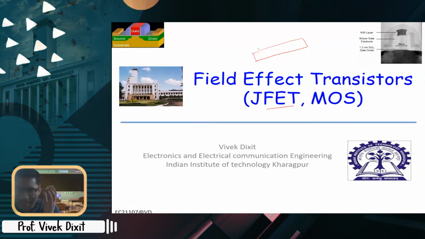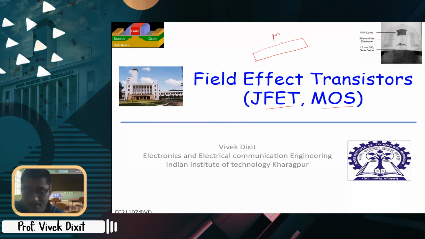There are multiple variations available in the literature. Some of them we will discuss briefly. Then we will go to the MOSFET, and an important constituent of the MOSFET is the MOS, metal oxide semiconductor. It acts like a capacitor, right? So the MOS capacitor is a very important constituent.